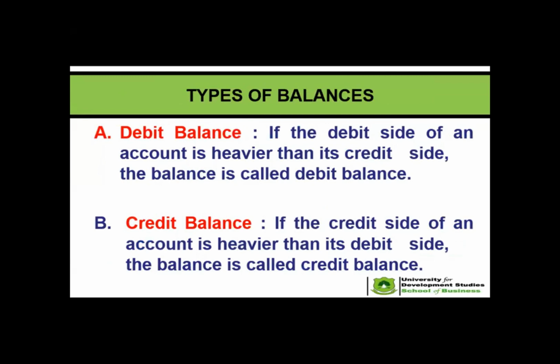If the debit side of an account is heavier than its credit side, the balance is called a debit balance. When we say credit balance, what do we mean? If the credit side of an account is heavier or is more than its debit side, then the balance is called credit balance. It's very easy.